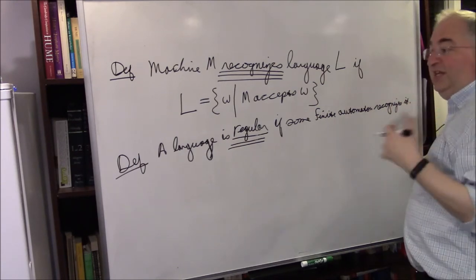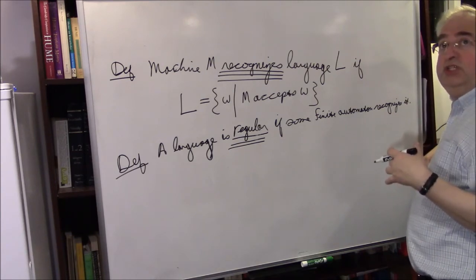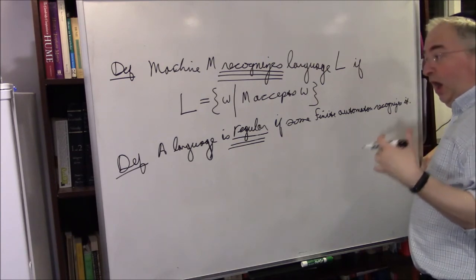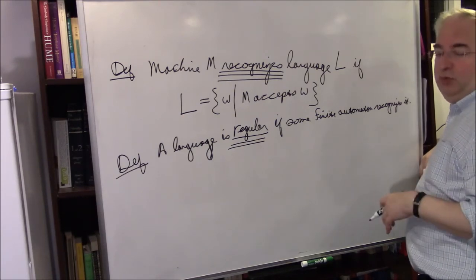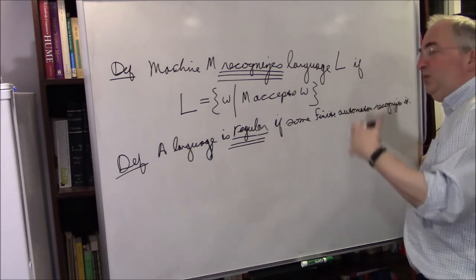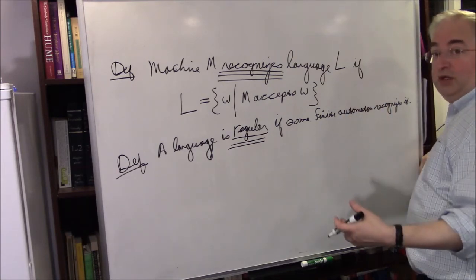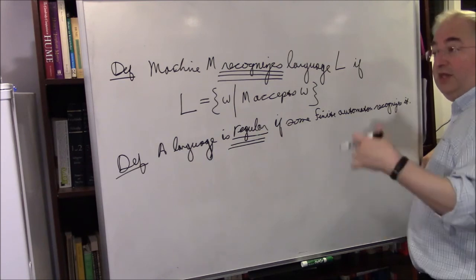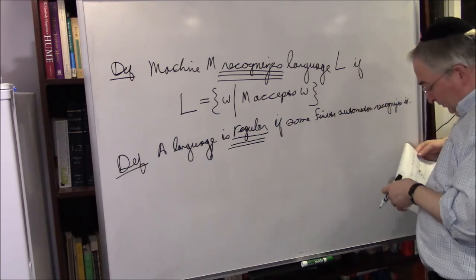So these baby machines called finite automatons, all the languages that are recognized by these baby machines, they are going to be called regular. And we're going to see as we go on, there's many other languages that are not recognized by finite automatons. They need more sophisticated machines to recognize them.